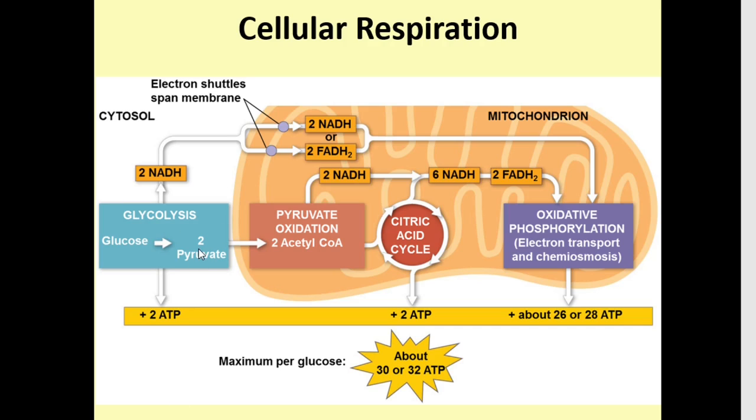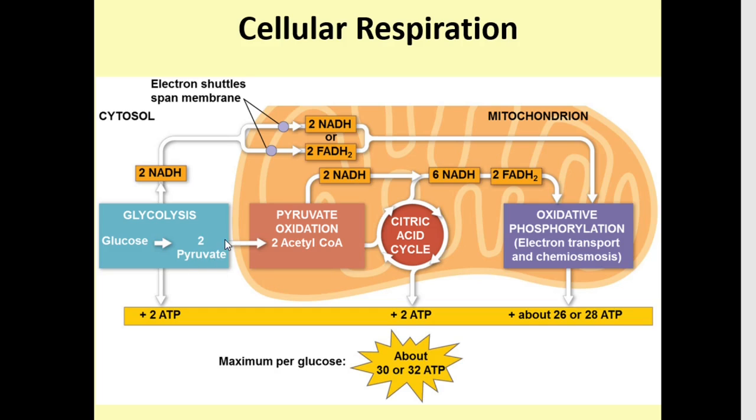For pyruvate to enter into the mitochondria, so it's going to move from the cytoplasm of the cell into the matrix, so into the very center of the mitochondria, we need to have plenty of oxygen available. So oxygen sits in the mitochondria, and it keeps the whole process moving. If you don't have enough oxygen going into the mitochondria, the pyruvate cannot get in there.